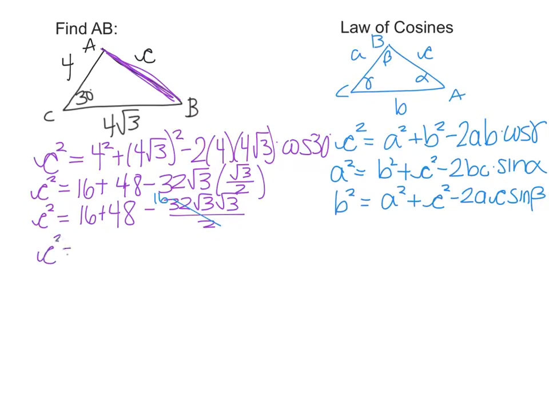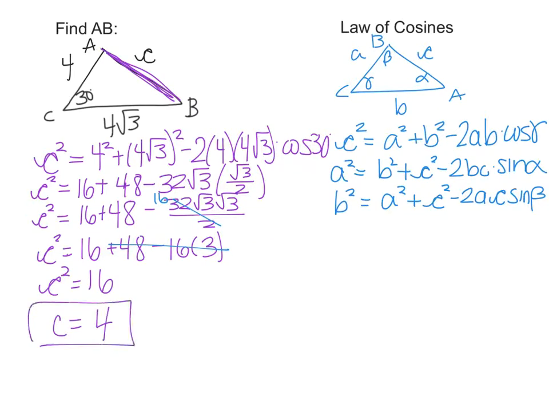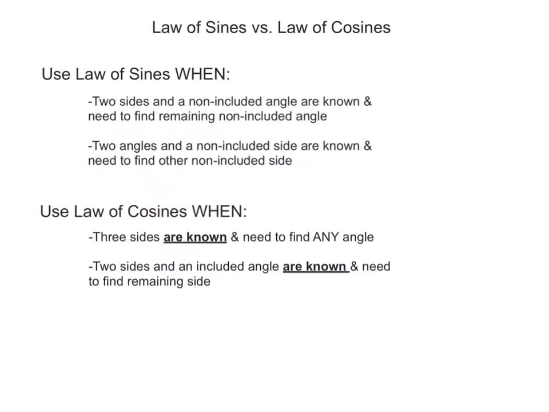So we have C squared equals 16 plus 48 minus 16 times 3, which again is 48. So we know that those cancel, and we're just left with 16. So C is equal to 4. So that's how we can find the length. It's a little bit tedious, but I know we can do it.